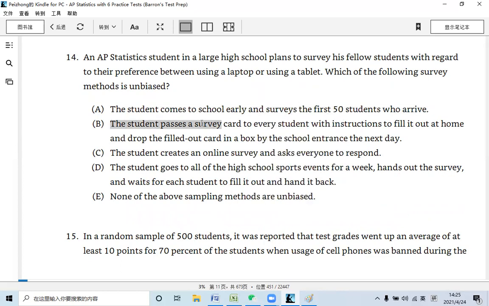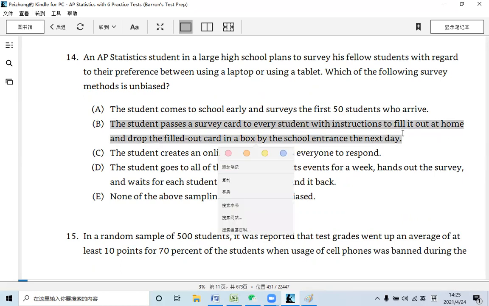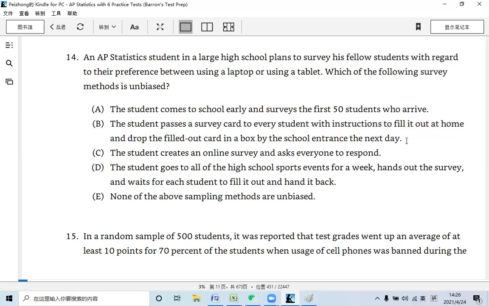B, the student passes a survey card to every student with instructions to fill it out at home and drop it. No, this would also be a convenience sample. C, the student creates an online survey and asks everyone to respond.